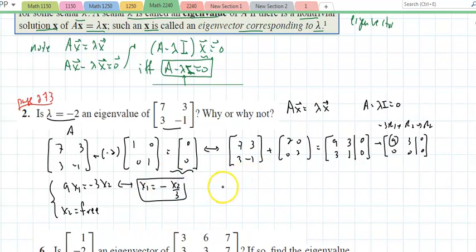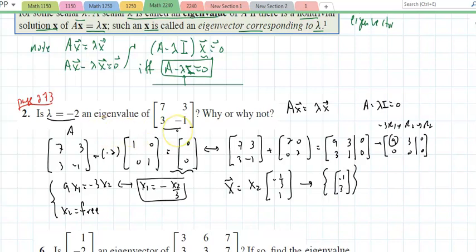So wouldn't we say the solution is x equals x2 times 1/3, 1? Or simply they would say 3, negative 1 will do. Any multiple of that will do. So they're asking, is lambda equal negative 2 an eigenvalue? Yes, it is, because I was able to get a solution. The only time that wouldn't work is if I really get no solution.